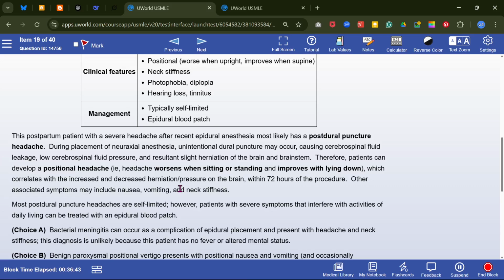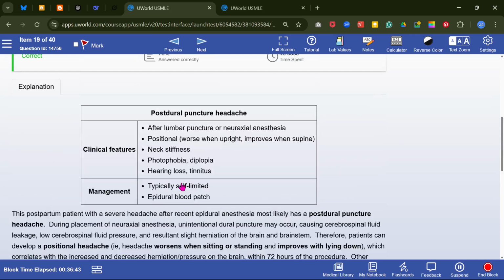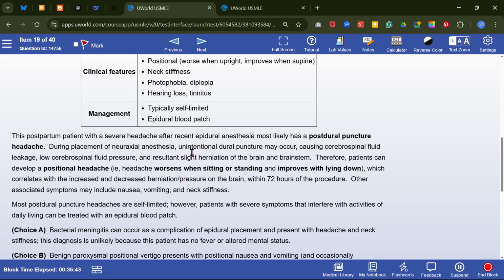Yes, it is post-dural because it is positional. Okay, this postpartum patient with a severe headache after recent epidural anesthesia most likely has a post-dural puncture headache.